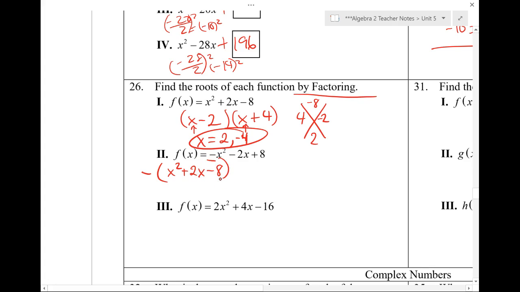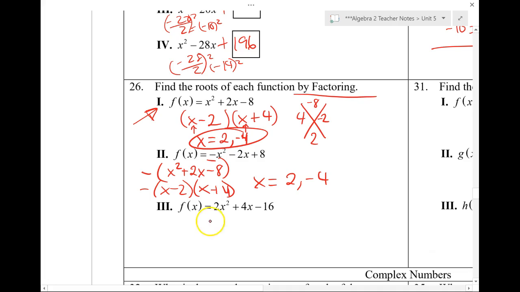Now, as you can already see, what we've come up with here is the same thing that we had in the first one, just without that negative in front. So keeping the negative in front, factor it out again, and I know it's going to be the same, at least for the factors in the middle, and so our solutions are also the same, 2 and negative 4.